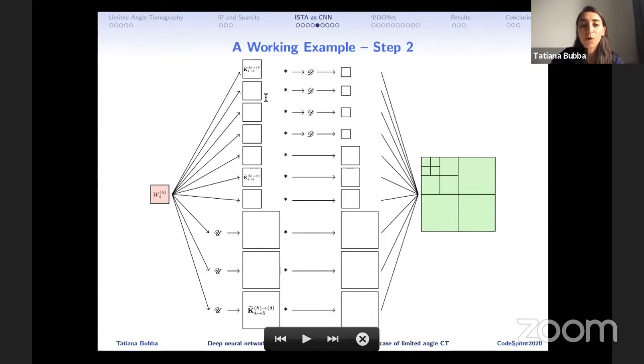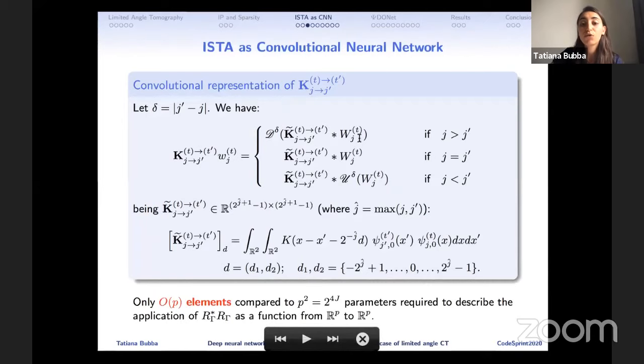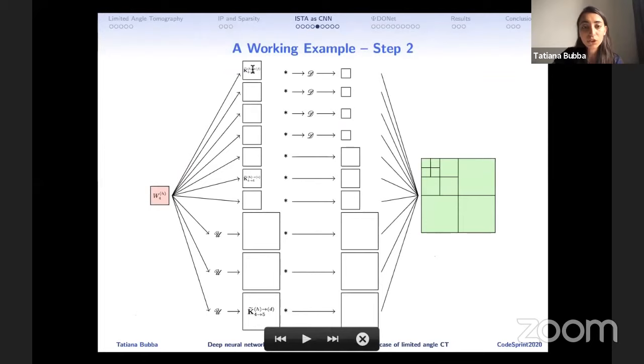Then when J prime is 3, what happens is that if you recall from this nasty formula, you first have to convolve and then you perform downsampling. So here, you take this kernel, it's again 31 by 31, you convolve with this block, and then you perform downsampling so that the final dimension is 8 by 8, okay?